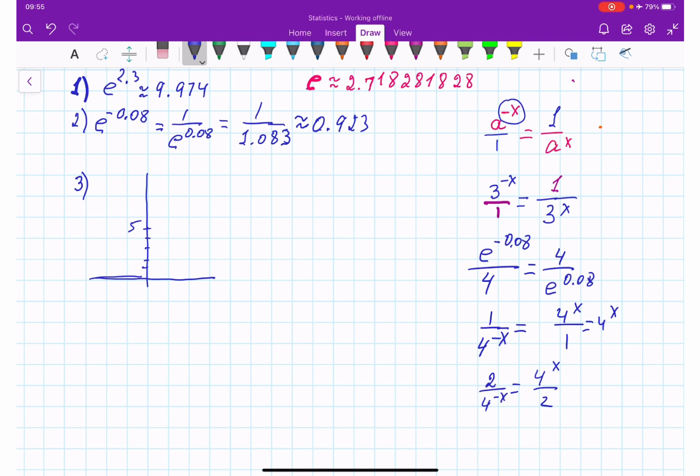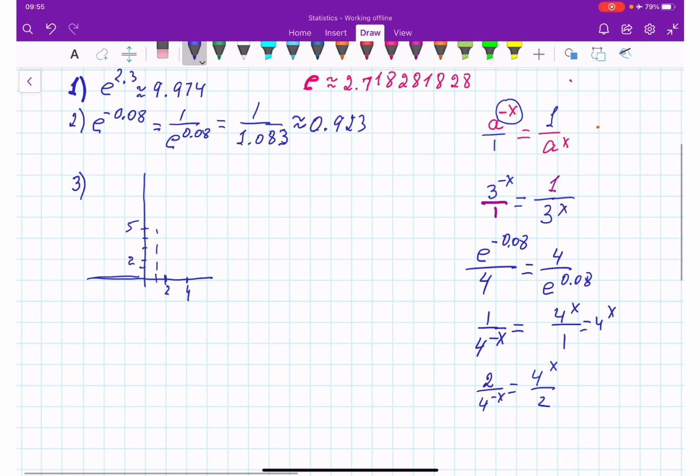So this is my 5, this is 1, because this is 2, this is 4. Here, this is 2, this is 4, and this one is 6. Okay, so one is going to be this point, and the other one is going to be point 0, 1, which is going to be this one.